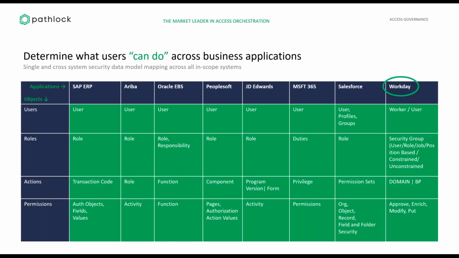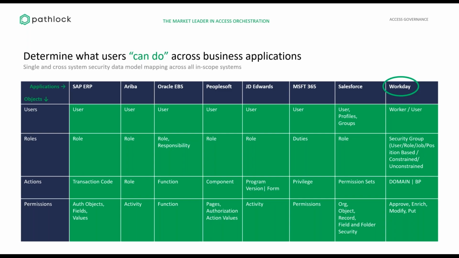So Pathlock can help you integrate Workday because we understand the authorization concept in Workday. So, what is the equivalent of the actions and permissions or roles and transactions and authorization objects in SAP, so that we can ensure the risk reporting of a user who has the ability to maintain employee data in Workday and process payroll in SAP.